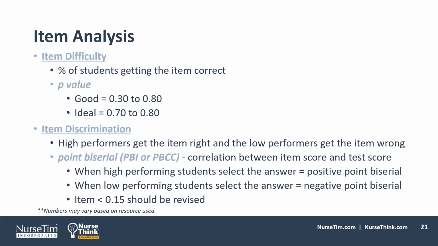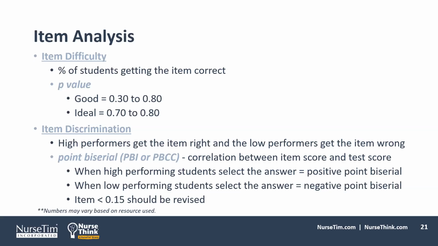Your anticipated p-values for your campus and your analytics, and what you're sharing and using in your campus, should be a part of your testing policy with your faculty, where we have agreed that this is the p-value difficulty range that we're looking for. So what does that mean? If I have a very low p-value of a 0.3 or below, that tells me that a lot of students miss that test item.